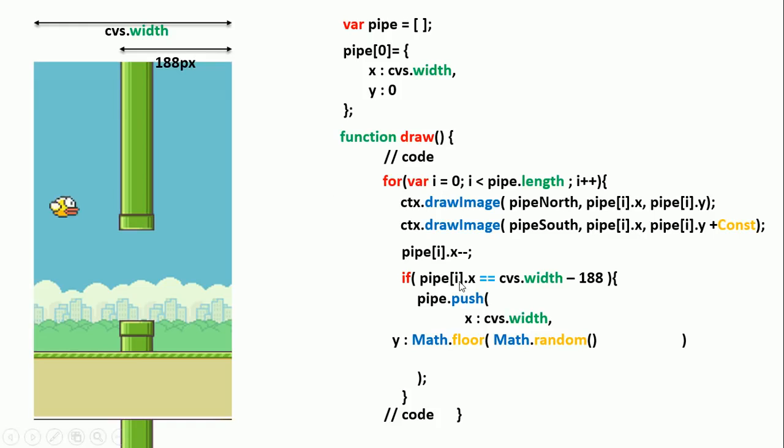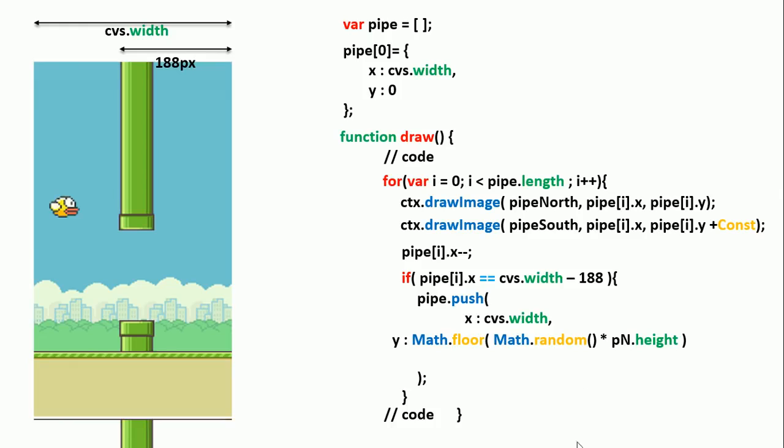Now we need numbers between 0, which is the maximum Y position, and minus the height of this pipe. So for that we will multiply our Math.random by the pipeNorth.height.